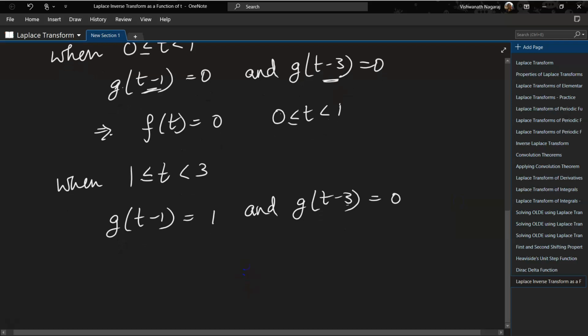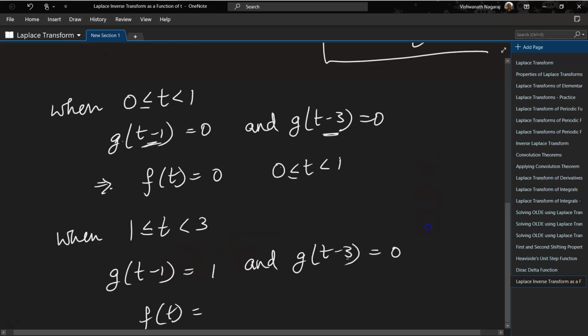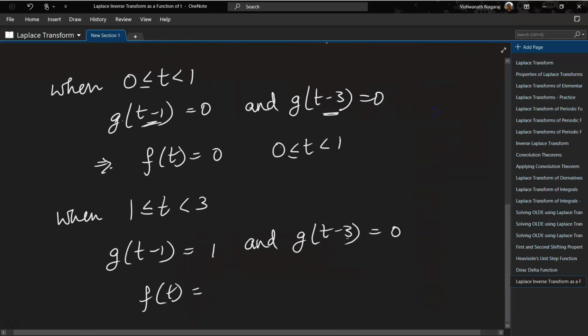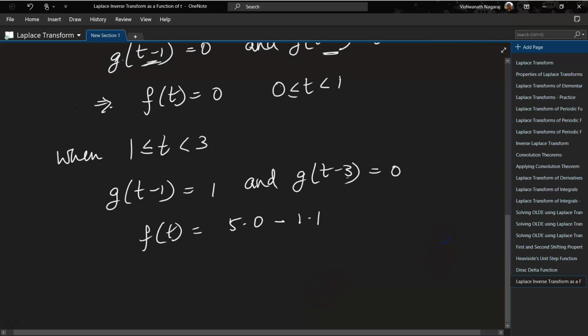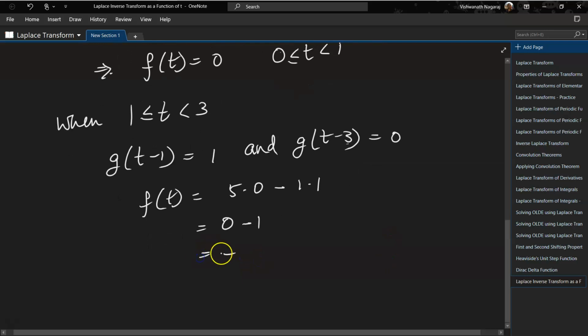Okay. So now with this f of t becomes 5 times g of t minus 3, 5 times 0, and then minus 1 times 1. Yes. Which is equal to 0 minus 1, which is equal to minus 1.